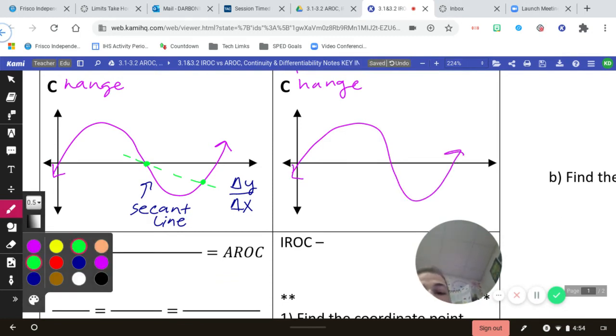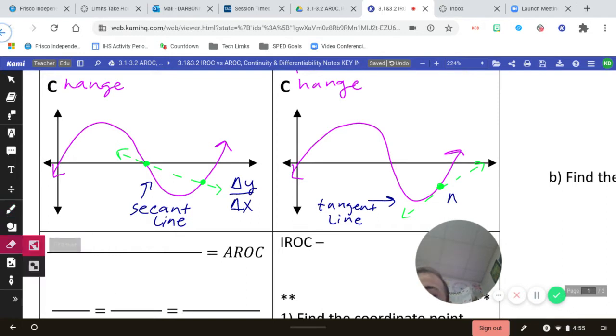If I picked a very specific point, so let's say this same point here, I could find the slope at that specific point. And we call that the tangent line. And that slope, not delta, is our derivative.